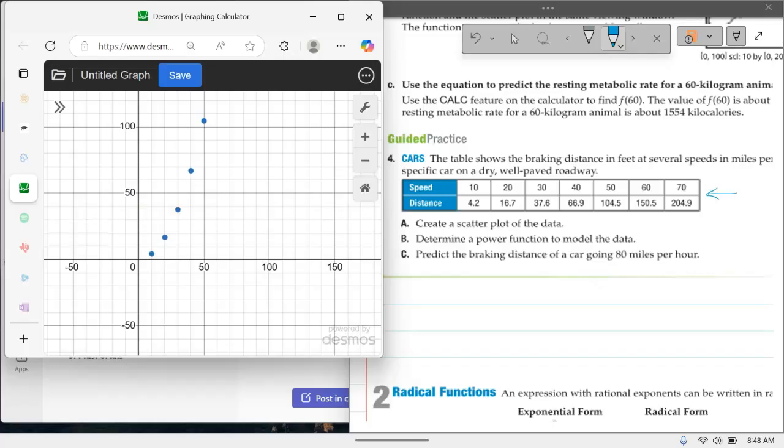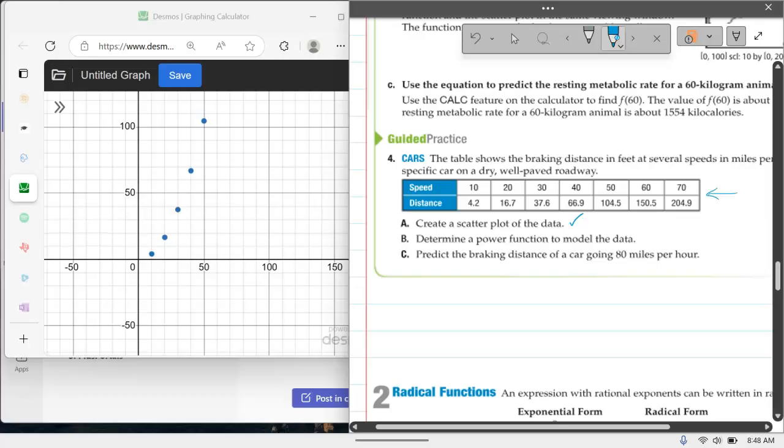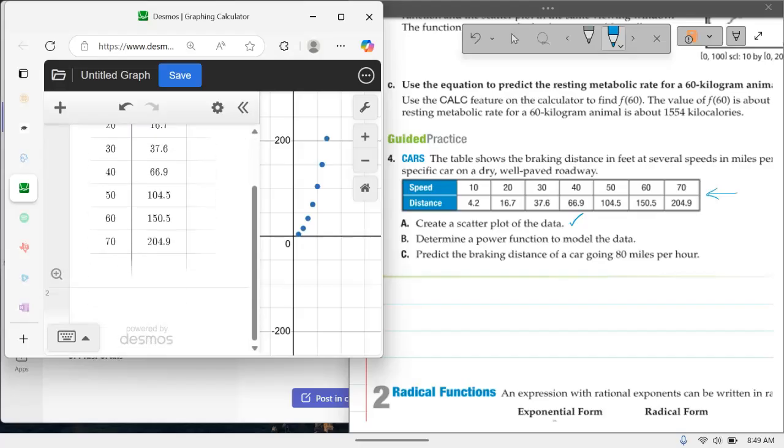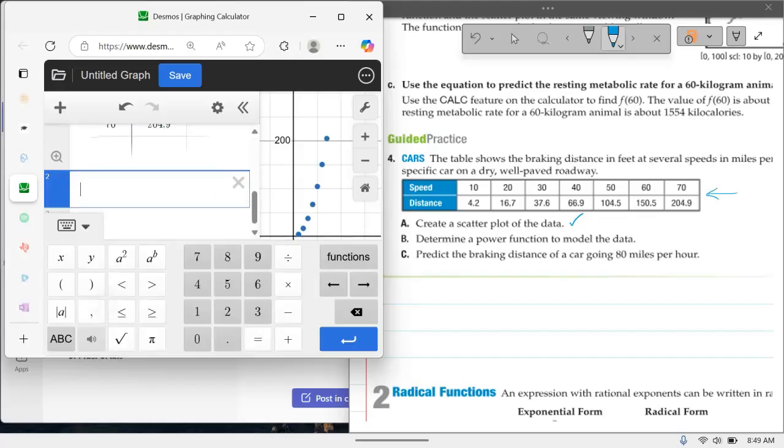So now we just need to build a model that's going to connect those points, and then we can use that model to predict. So we already created the scatter plot. Done. Now we want to determine a power function to model this data. So in Y2, or the second spot, I'm going to type that expression.